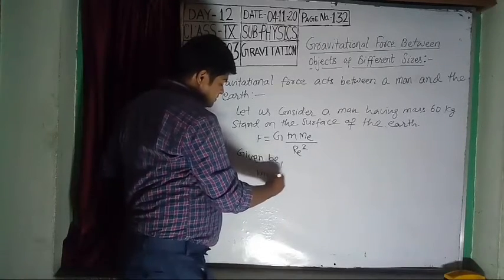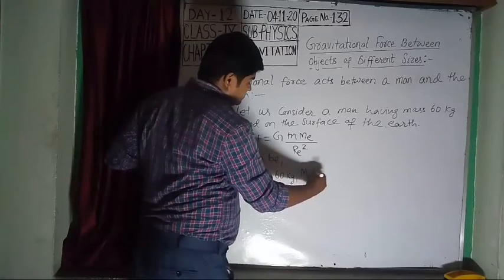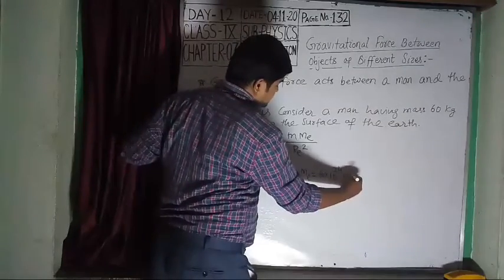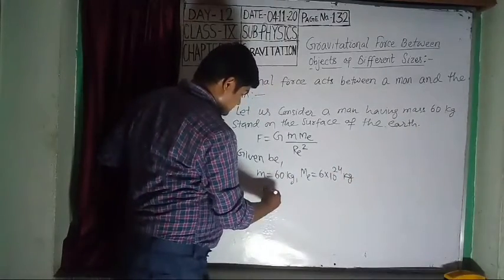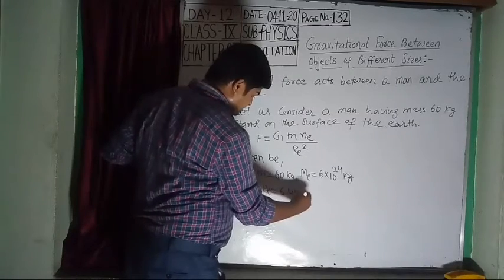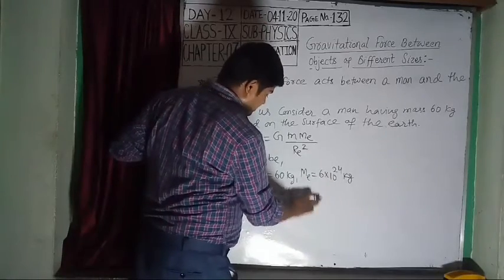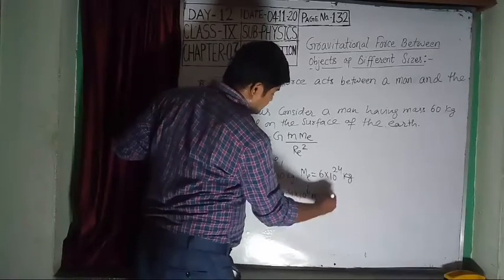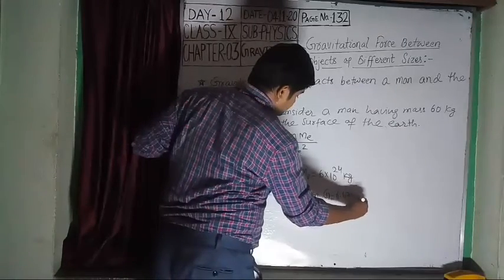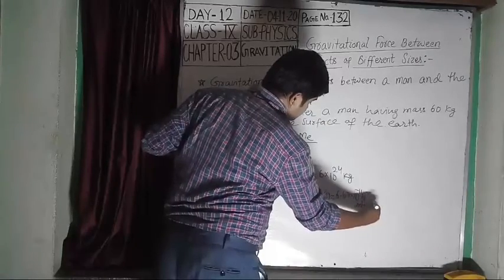M is equal to 60 kg and ME is equal to 6 into 10 to the power 24 kg. RE is equal to 6.4 into 10 to the power 6 meter, and G is equal to 6.67 into 10 to the power minus 11 Newton meter square kg minus 2.